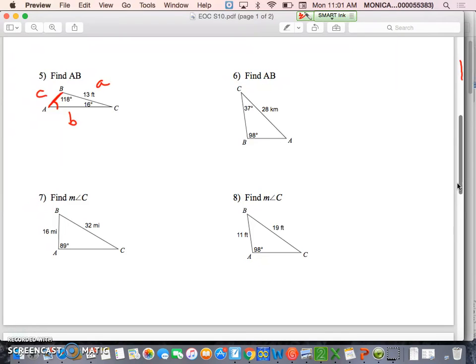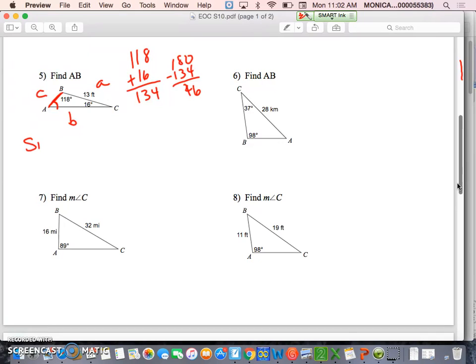And so what I'm going to do is I'm going to do 118 plus 16, and I get 134, and then you're going to take 134 and subtract it from 180, and you end up with 46. So this angle right here is 46.